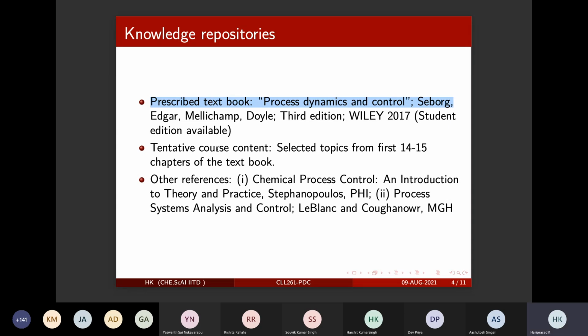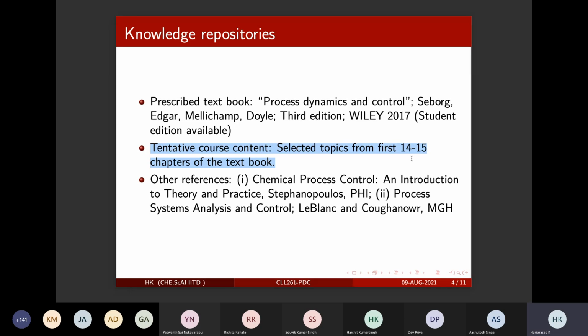And as I told, the tentative course content would be the first 14 or 15 chapters, not wholly, of course. The major topics selected, as I told, from the first 14 or 15 chapters.